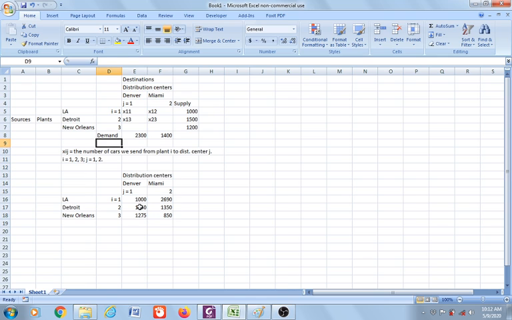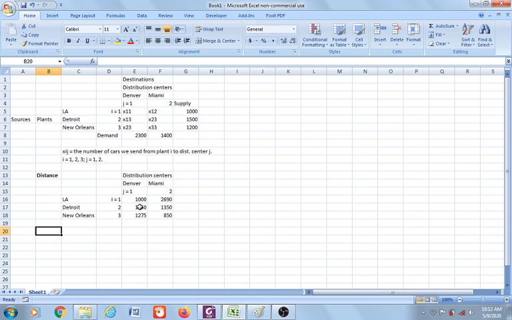Sorry, so here we have also the decision variable. I forgot to write them down. So this is X23 and X33. So this is the distance data. So this is distance.